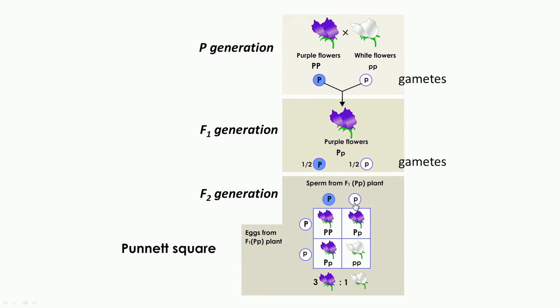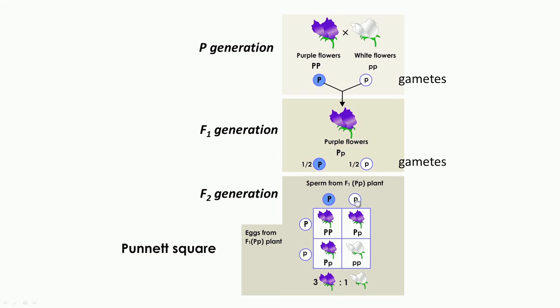Here it will be capital P small p, here capital P small p, and this will be both small p's. If at least one is a capital P, then it will result in a purple flower because it is dominant, and therefore, you have 3 out of 4 being purple and 1 out of 4 being white.